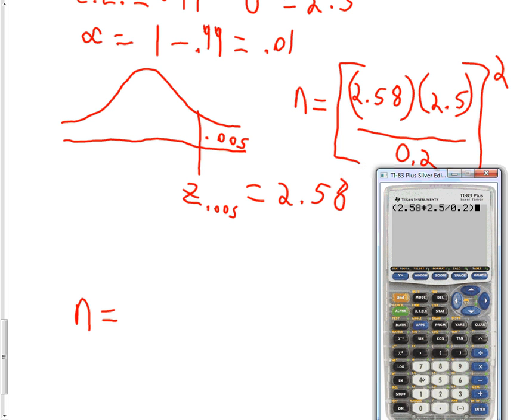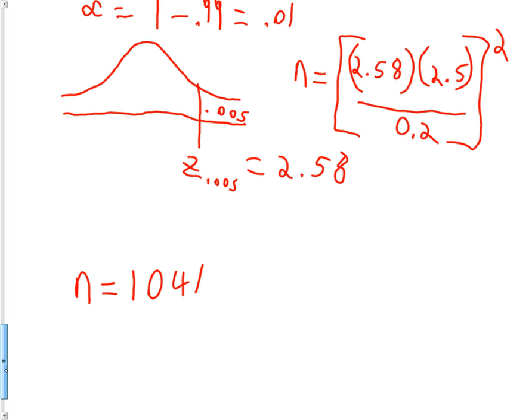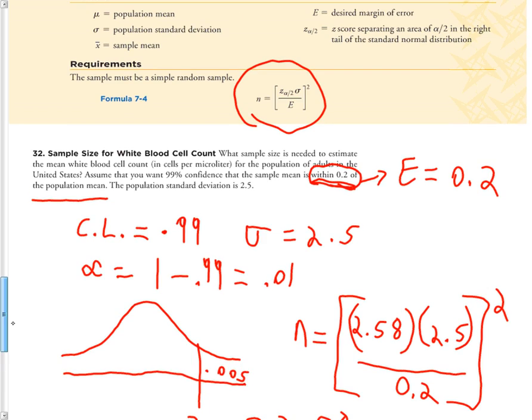Close that parenthesis, and we're raising this entire thing to the second power. We press enter. And remember, we always round this up. Since we have a decimal here, we're going to round this up to 1041. 1041. And that's how we determine what sample size we need to estimate a population mean.